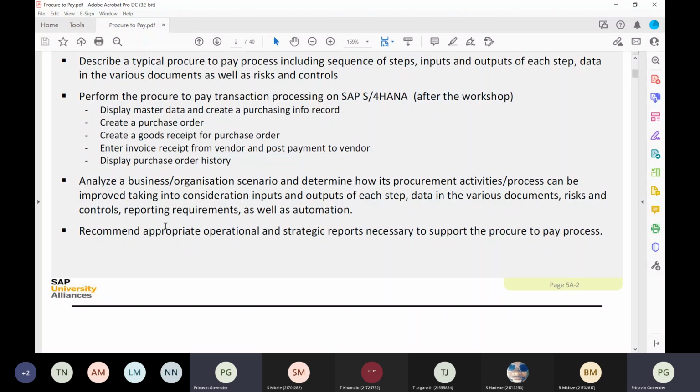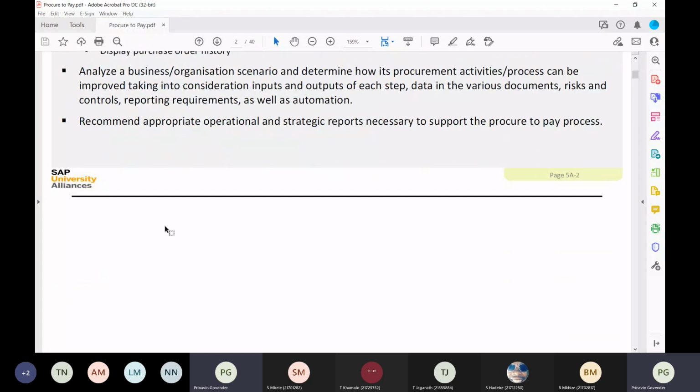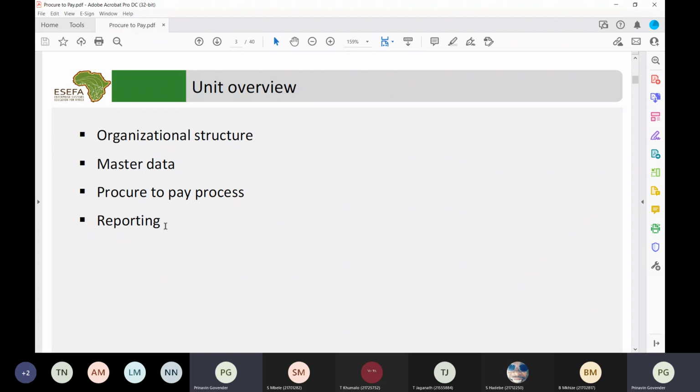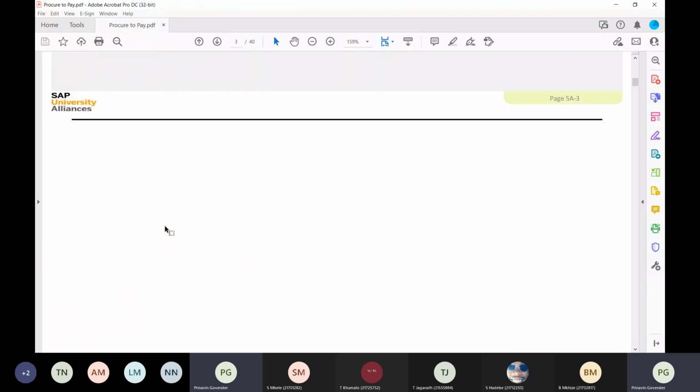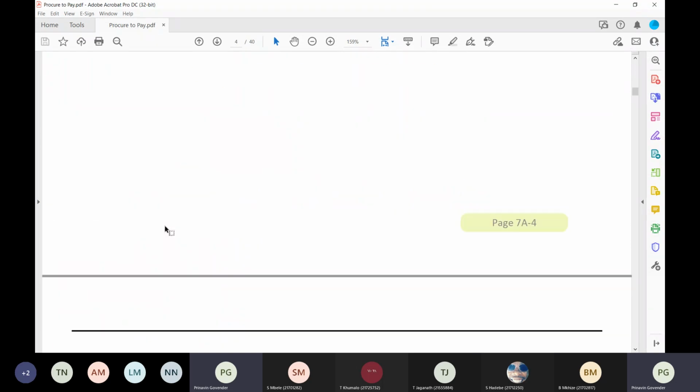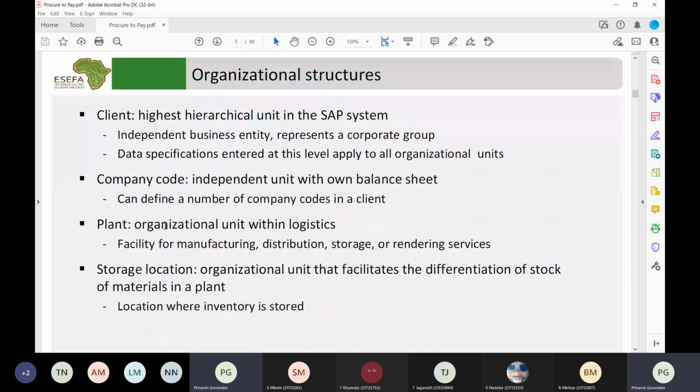Right. So we're talking about Zambikes. Let's go on: the organizational structure, the master data, the procure to pay process, and ultimately we need to report on that, right? What's the organizational structure of Zambikes? In Zambikes, we have the client, who is the highest hierarchical unit in the SAP system, our SAP system, and our version is, anybody knows?